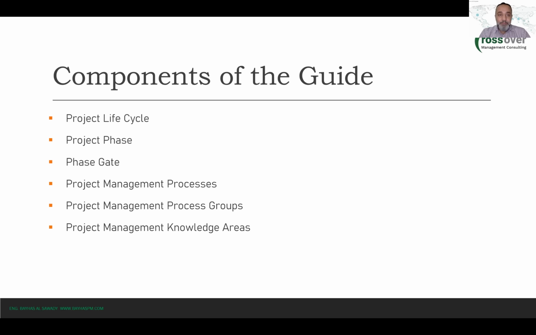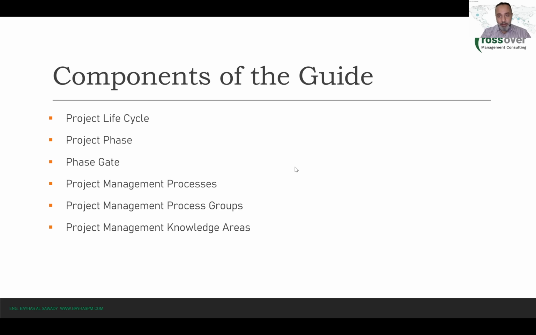Every professional project manager, or even a normal project manager, should know what a project life cycle is, what the project phases are, and how we can split our project into phases in order to make it more manageable. And what are the phase gates? What are the project management processes? What are the project management process groups? What are the knowledge areas? We mentioned the knowledge areas last session, the 10 knowledge areas. So we will go a little bit more into details about these components.